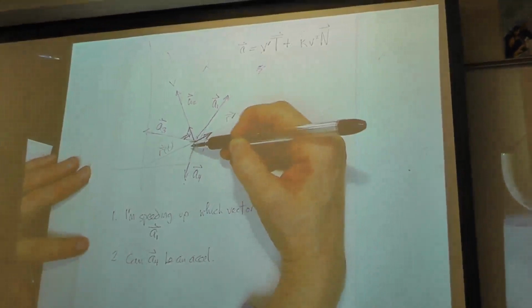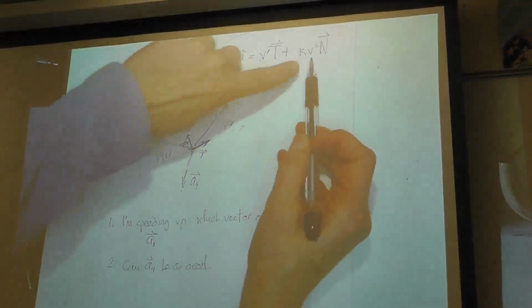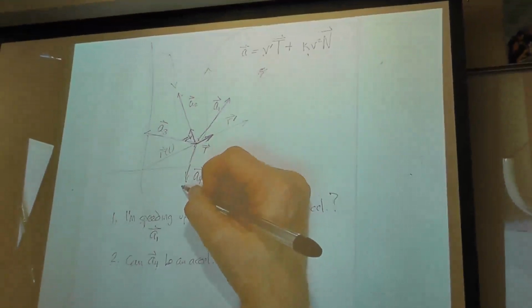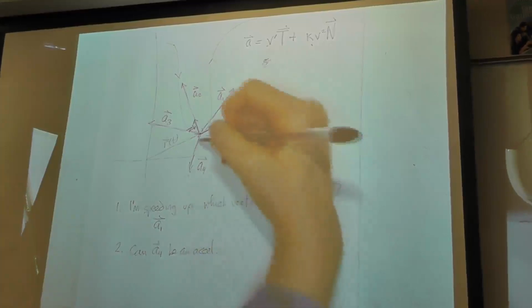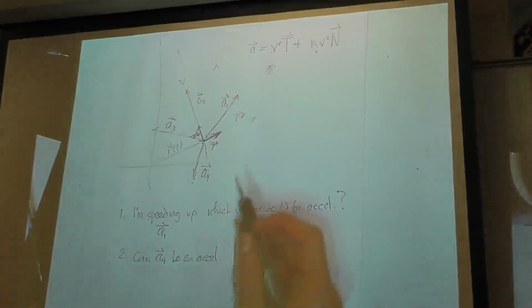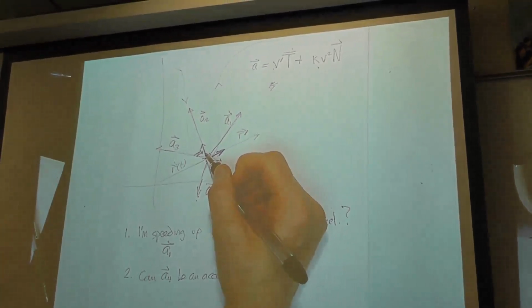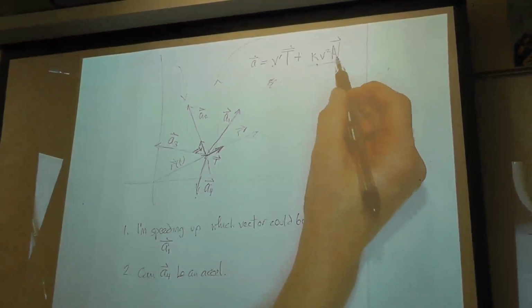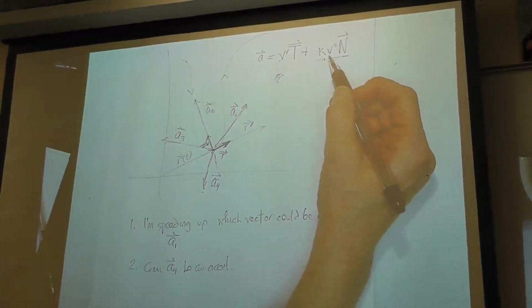You'd have to have a negative component in front of the normal. Because look, if this was your acceleration, the component in the normal direction is backwards. It's going back this way. It's going to have to be a negative multiple of N. And acceleration, its component in the N direction is never negative. Do you see what I'm saying?